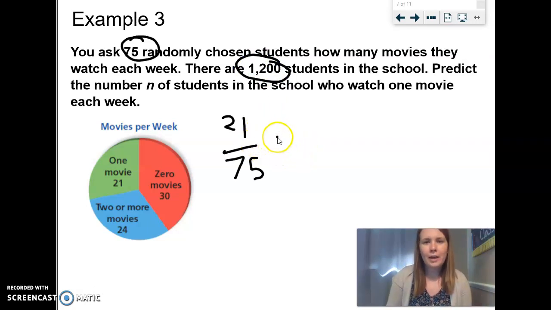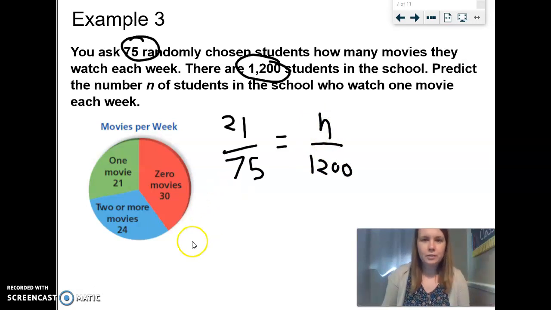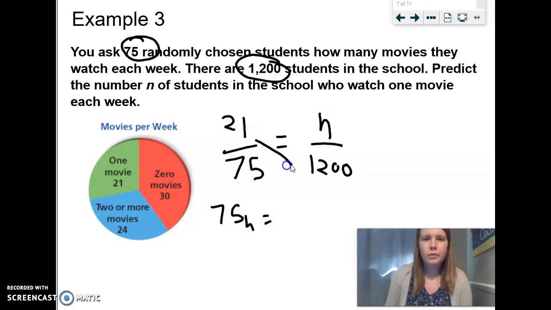So what I can do again is set up a proportion. The total amount of students goes on the bottom. We're going to make n the top. And let's use cross multiplication to solve. So this would be 75n. What is 21 times 1,200? Did I do that right?